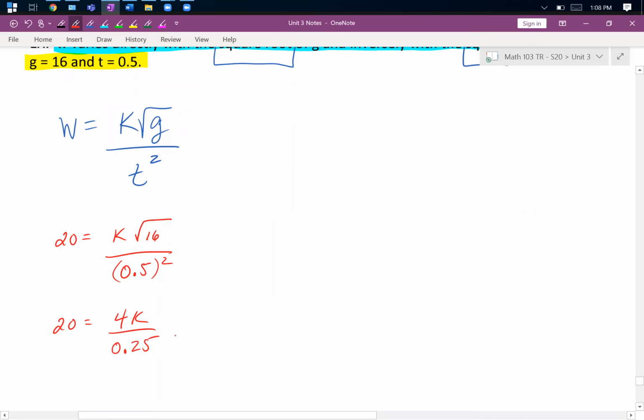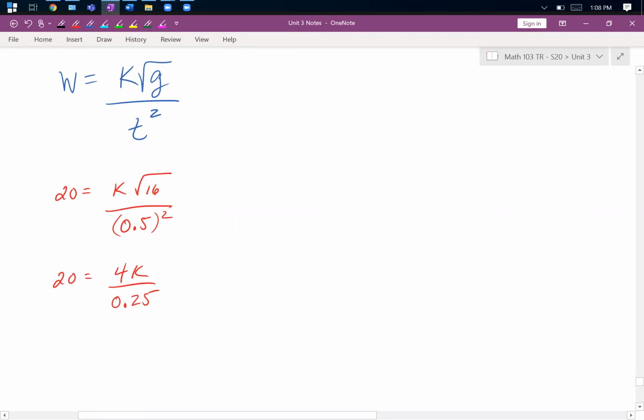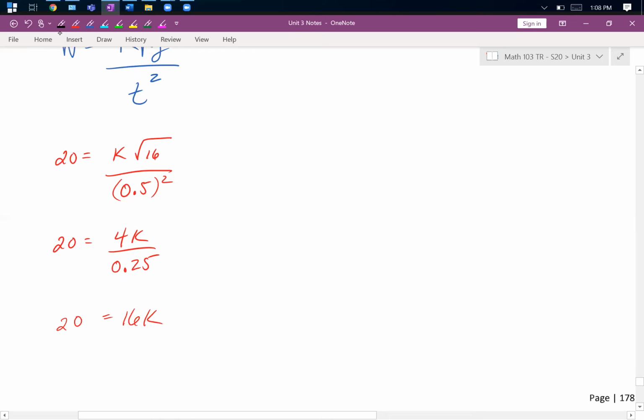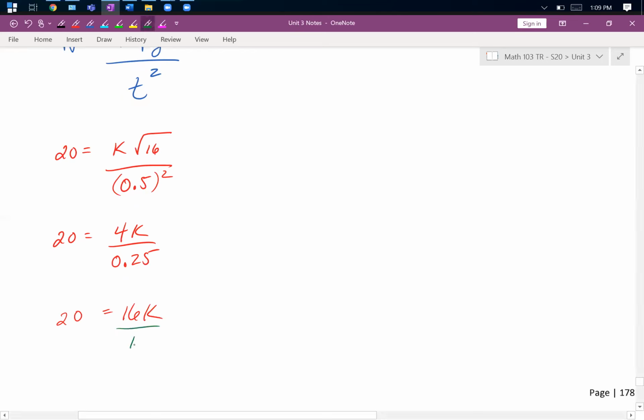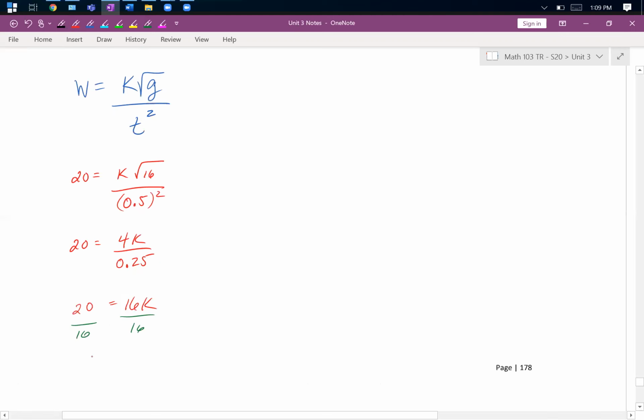If I take 4 and divide it by 0.25, I get 16. So K equals 5/4. It's a nice decimal. I'd be okay with 1.25 as well.